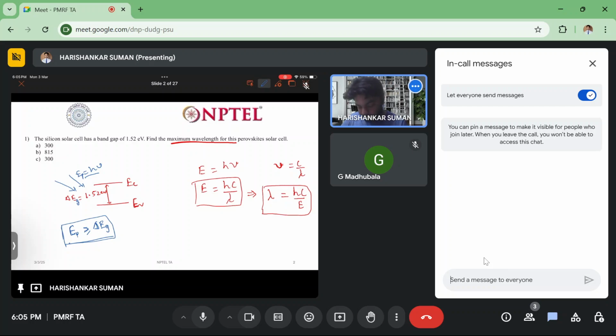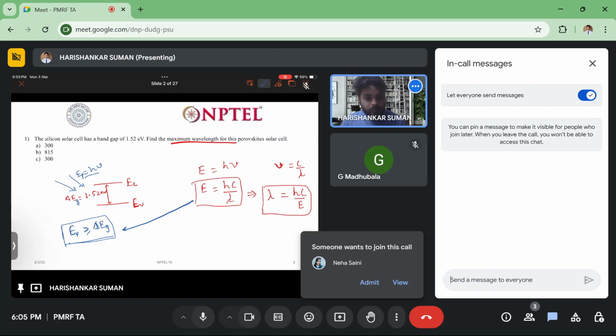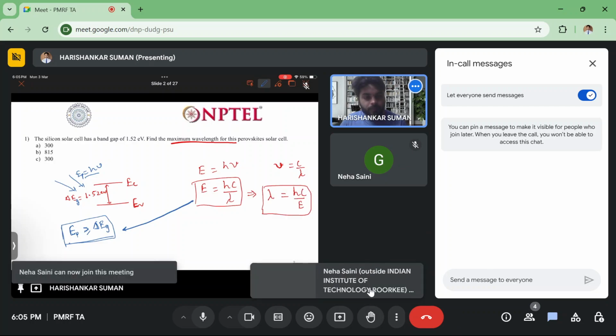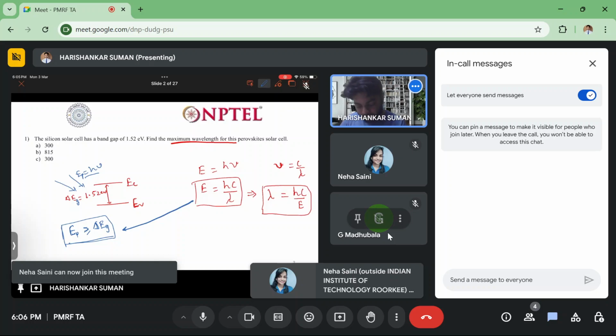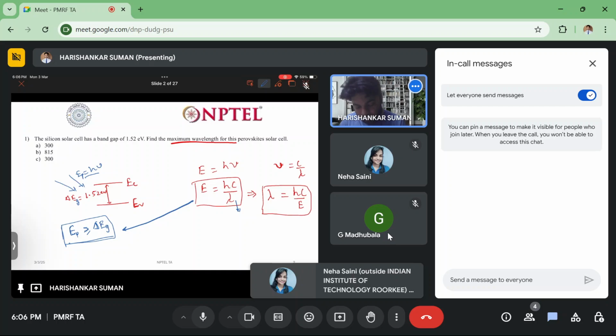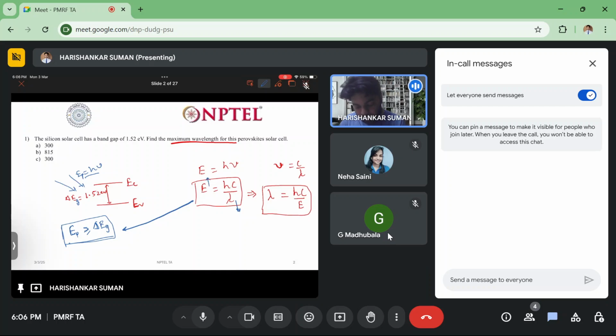So let's put this formula here. If the wavelength is lower, then the energy will be high. So we need a minimum energy, and the minimum energy should be the band gap. So this is up to the maximum.